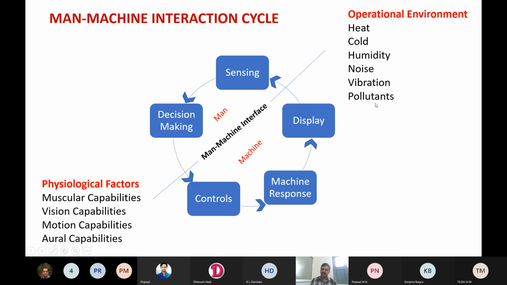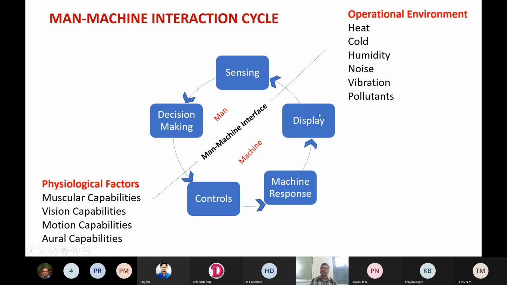So in these adverse conditions, how can one drive a vehicle? How can the difficulty or the challenges of the driver be reduced? So these are the challenges that need to be considered. So you have to design displays and controls such that it is possible for an operator to see the displays or to understand what is there in the display, even in adverse situations.